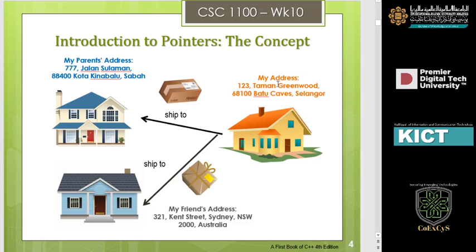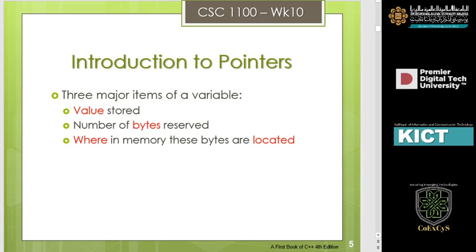In each of these addresses, we have the particular person, and the particular address itself of that person. So pointers are like that. Pointers are where the address of a particular variable is. So let's look deeper into this.